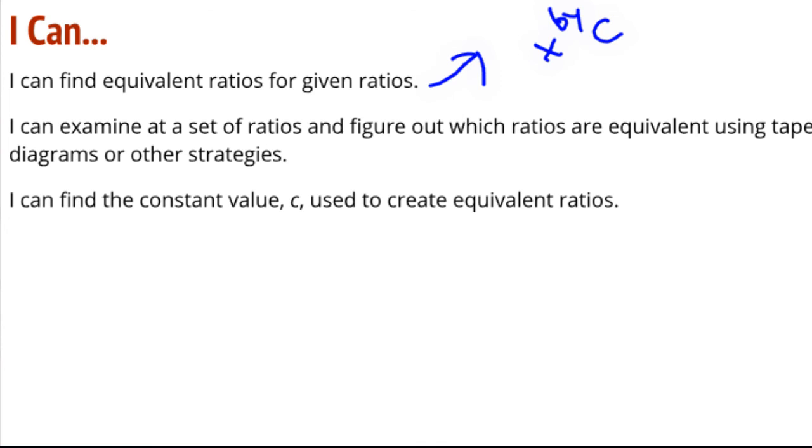We looked at a couple of different strategies there, organizing with a table to determine the constant c. We looked a little bit at some division stuff. We did not dive too much into really hard or difficult ratios. There were a couple of examples there that were brain busters, but we'll hold on to those. And then find the constant value c used to create equivalent ratios. We've been looking at this constant value. Today we were a little bit more explicit and pointed it out.